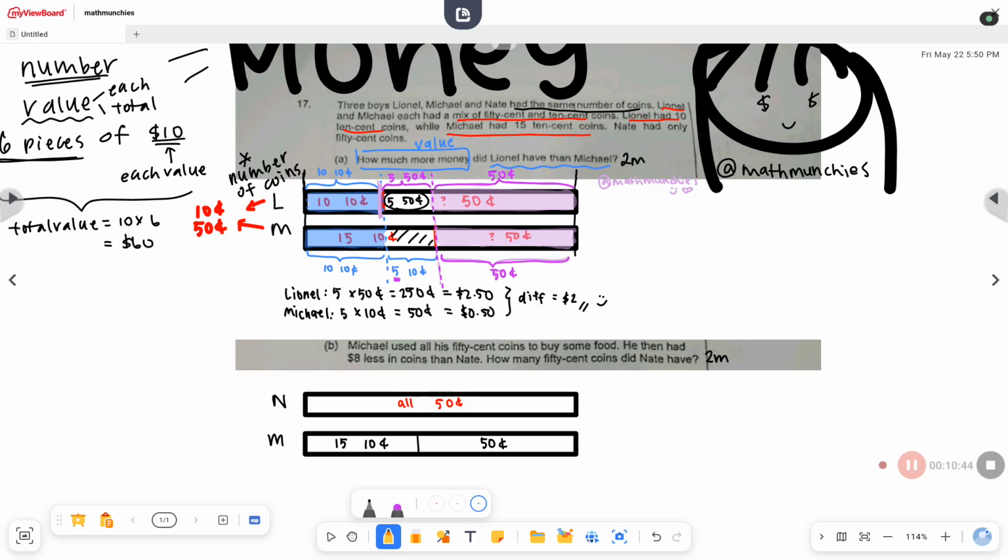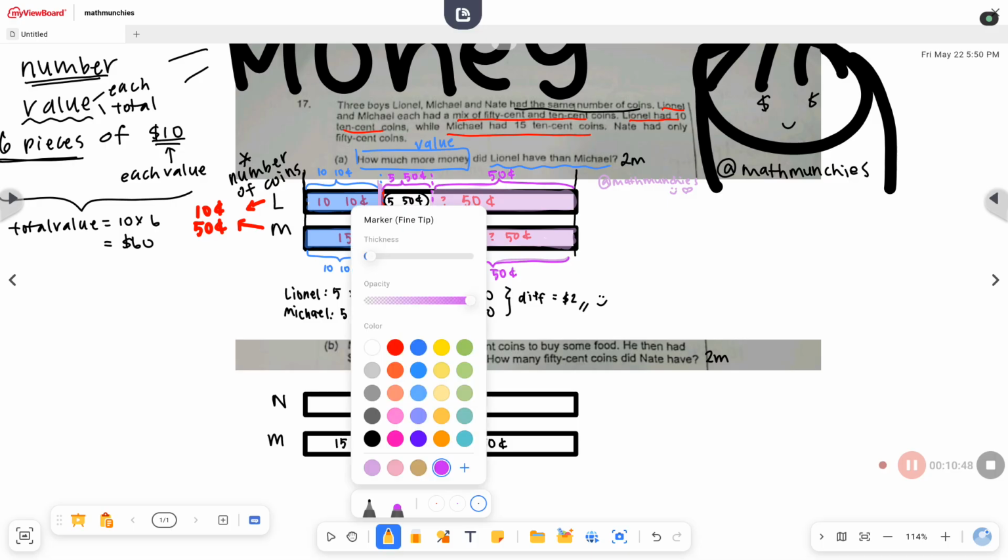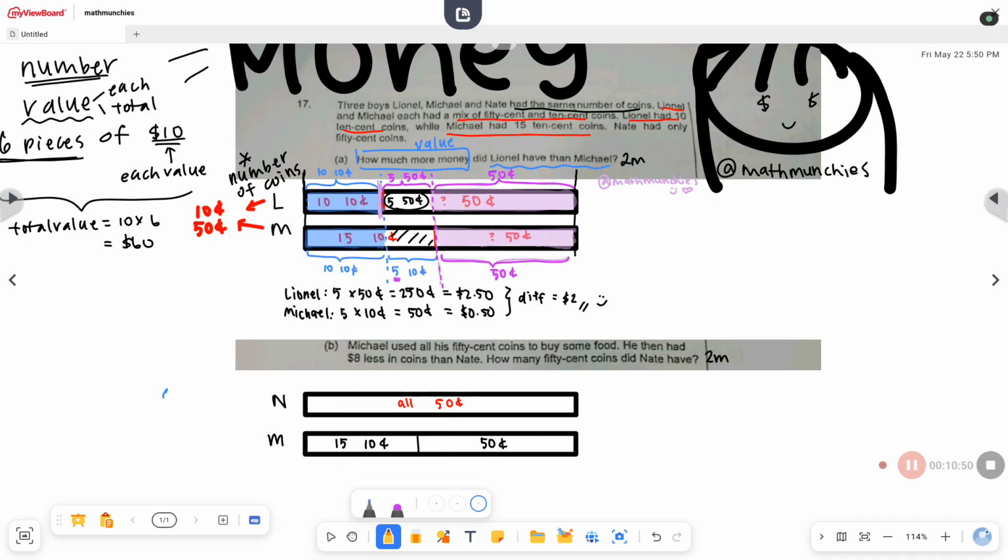So, what does that mean? It means that, guys, can you see the 10 cent is all in blue, right? So if here is 15 10-cent coins, that means that over here is also going to be 15 10-cent coins. They are cooked. It's wrong. Because why? Who is this?